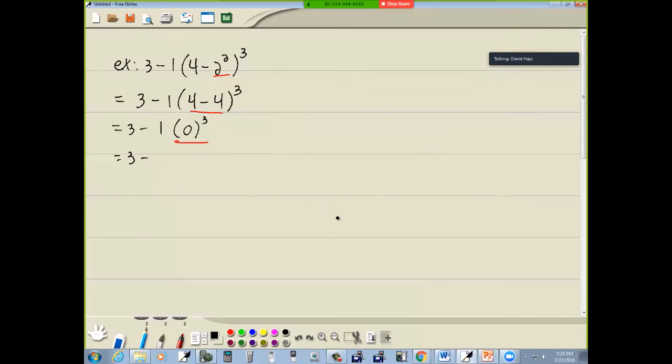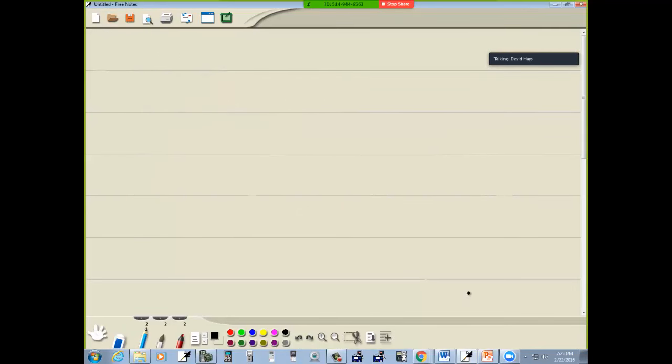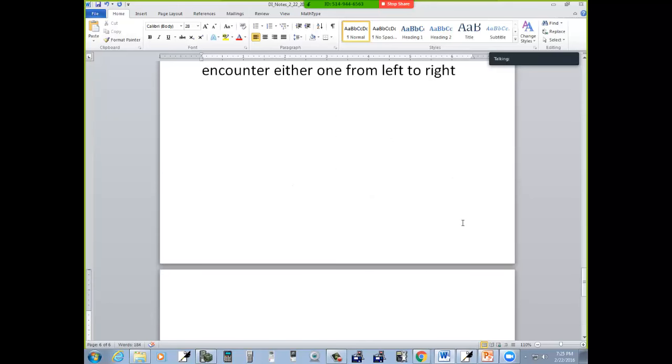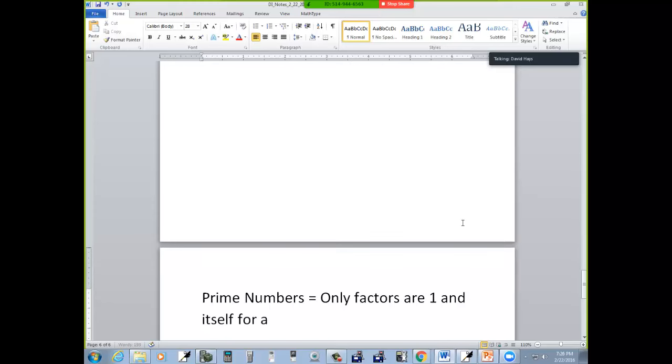First thing we need to talk about is what prime numbers are. Now, just our definition of a prime number, the only factors are 1 and itself for a prime number.